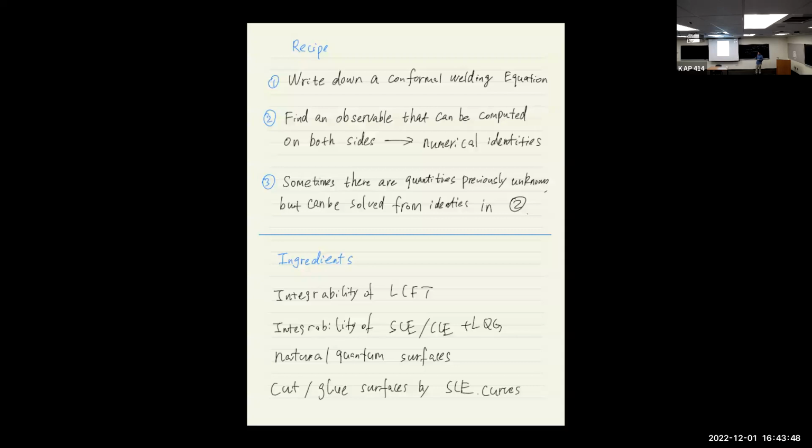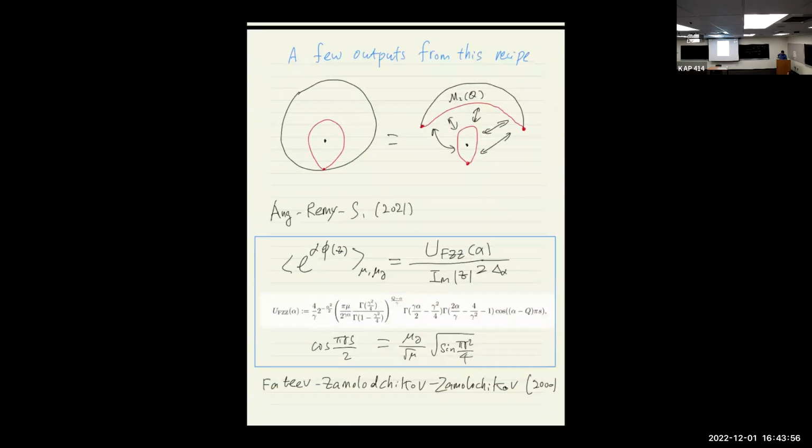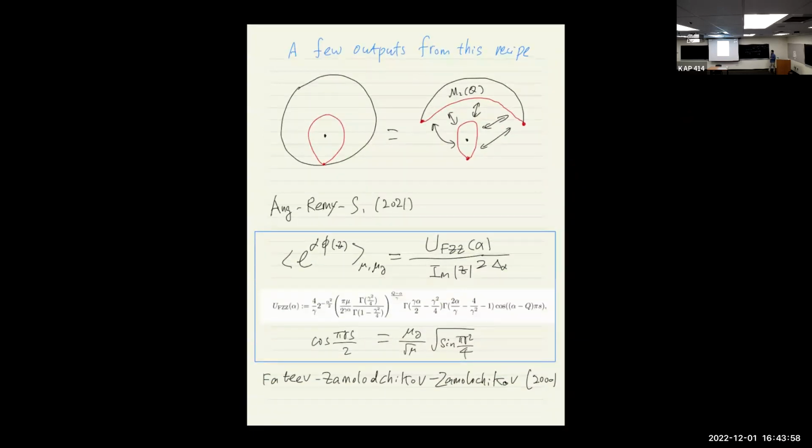And for the rest of my talk, I will just present three results that we obtained using this recipe. I will present what kind of cut and glue picture we are using and what the result is that we get. So I will not explain any details.